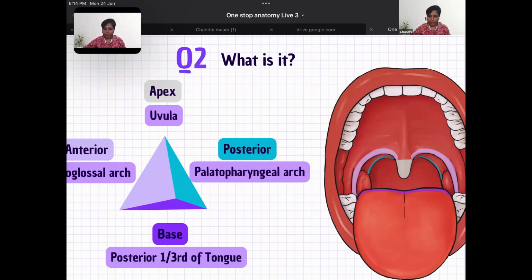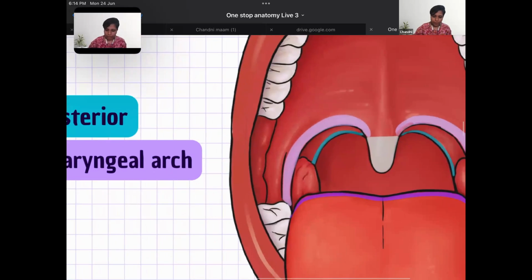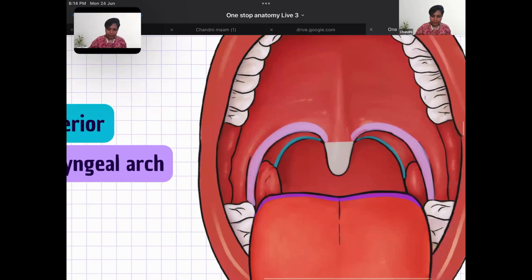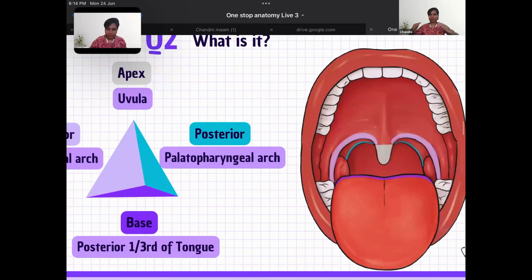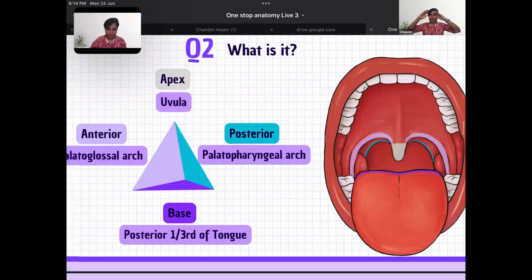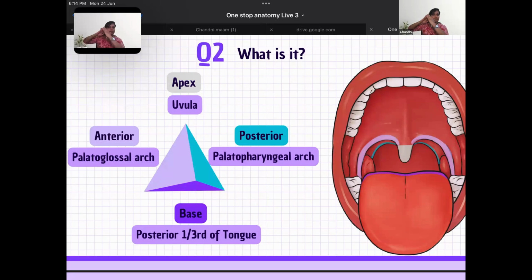Now if you look at this image here, the light purple represents the anterior border and the green represents the posterior border. So this is how the triangle is. Anteriorly, we have the palatoglossal arch.